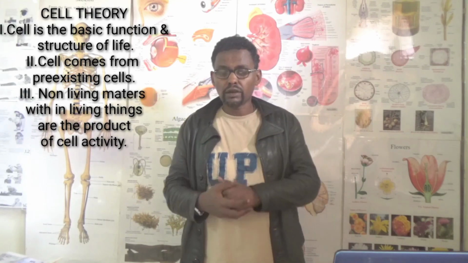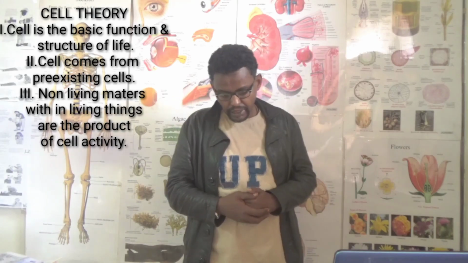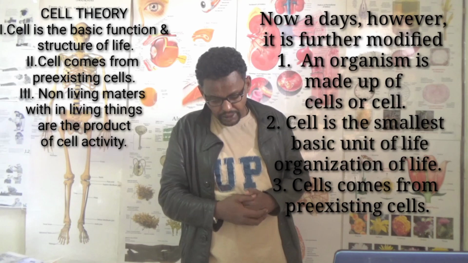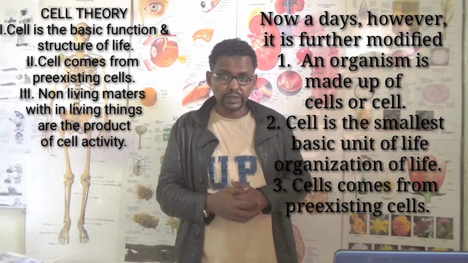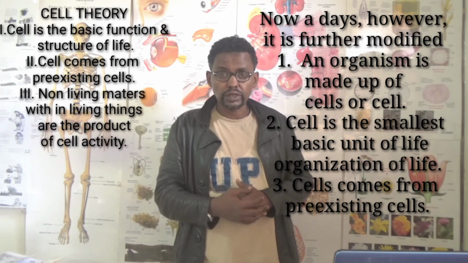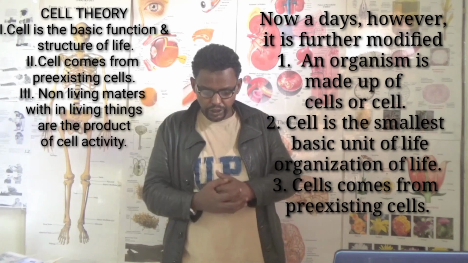This was later modified into the statement that the cell is the smallest basic unit of life organization. Whatever organization in life exists, that's the smallest unit of life organization, an organized life, an organism formation.